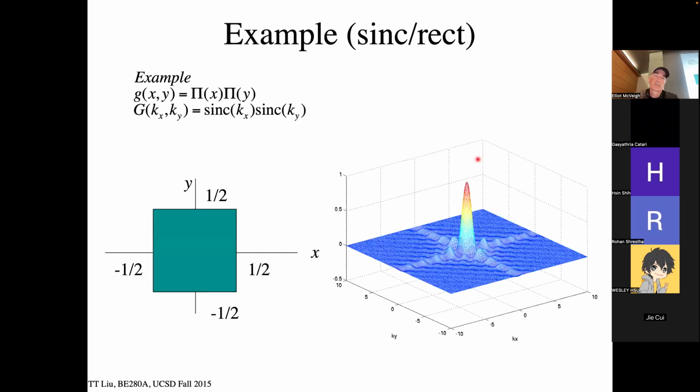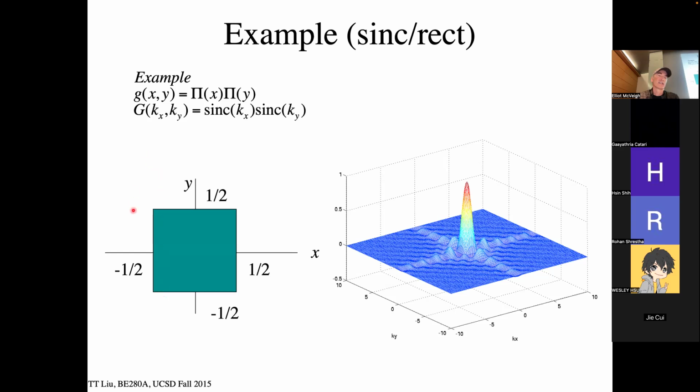You can do a few examples to reassure yourself that the projection slice theorem works. You can put in a function whose Fourier transform you know and make sure that if you project through that function, you get a line projection through the Fourier transform. One simple way is with functions we've used a lot so far, the sinc function and the rect function. Here's a very simple rect function.